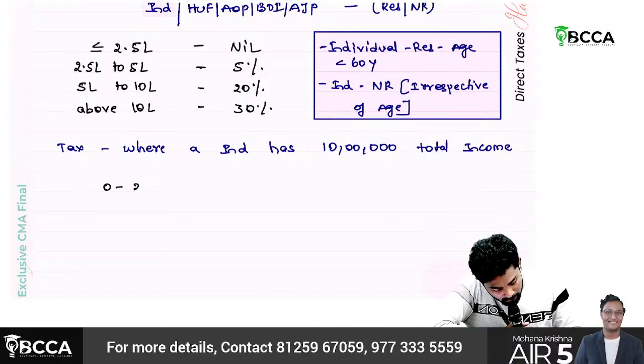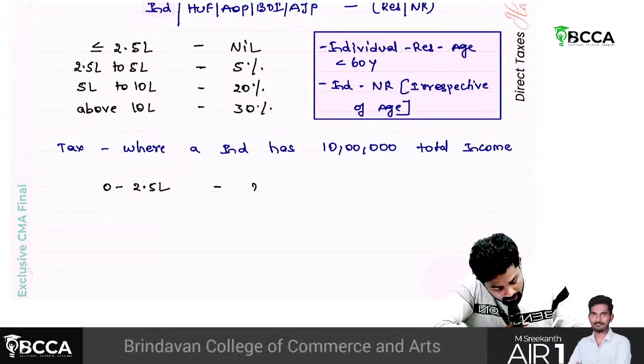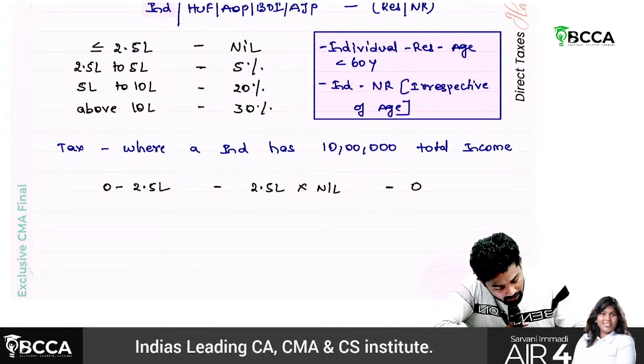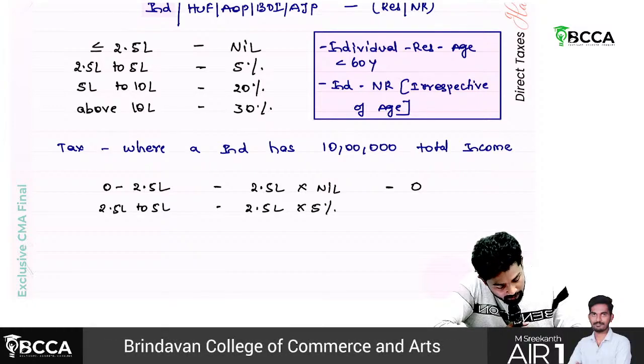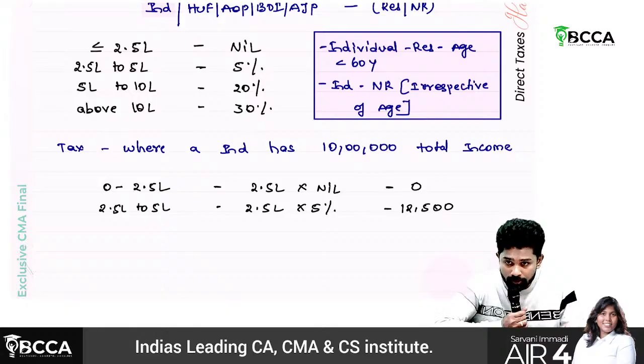Sir, how do you calculate? 0 to 2.5 lakhs: how much income is there? 2.5 lakhs is there, but the rate is nil, so the tax is 0. Between 2.5 to 5 lakhs, 2.5 lakhs into 5% is 12,500.